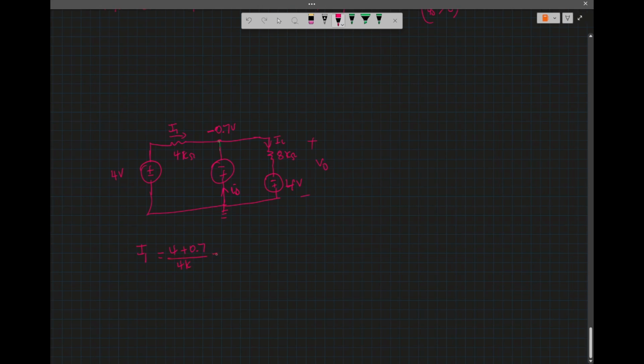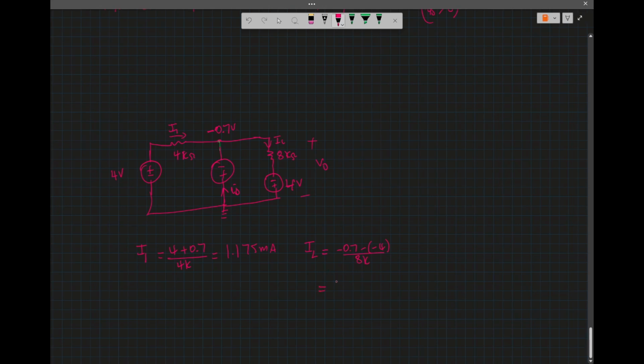So that's what we have been doing. So 4.7 divided by 4 is 1.175 milliamp. Now the load current will be equal to minus 0.7 plus 4, right? So minus 4 divided by 8K.